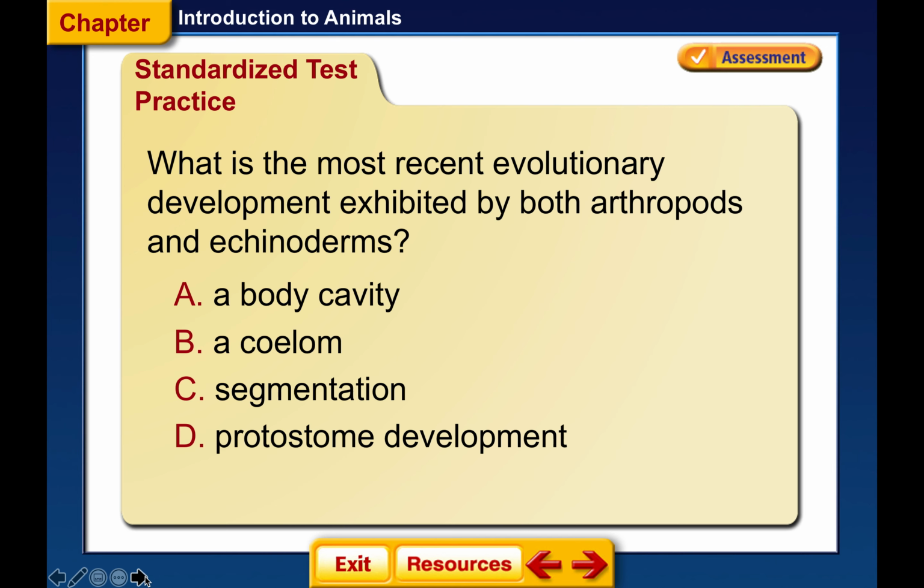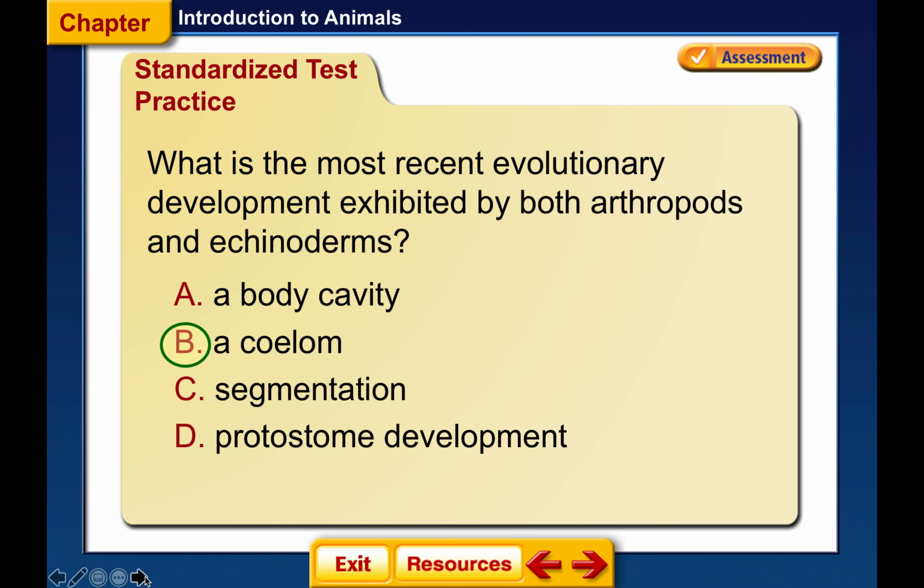So if you look at the answers, there's a body cavity, a coelom, which is the same as the body cavity, segmentation, which we know allows us to be flexible, or protostome development. The actual answer here is coelom.